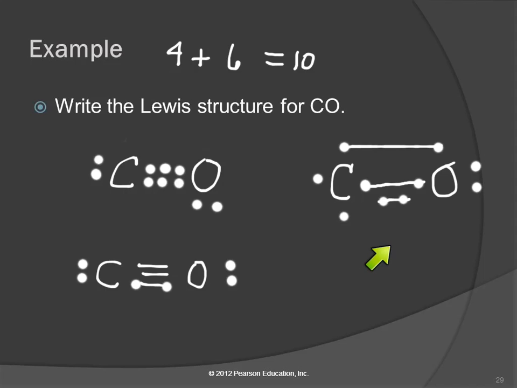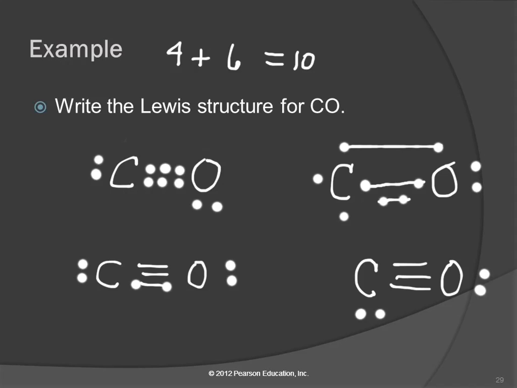So when I get this messy looking business here, then I need to redraw it neatly. And so I would have carbon and oxygen, and I've got 3 bonds, and I need to pair those up and pair those up. Now, if instead of writing that lone pair over there, you put it down here, that's absolutely fine.